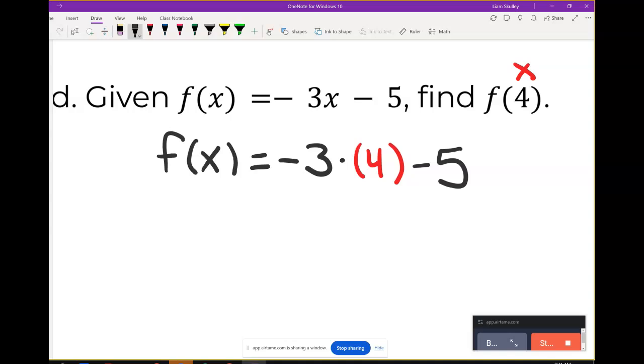So -3 times +4 is -12. We have -12 minus 5. So you have a negative. We're subtracting off of it, so we should get a smaller negative number. 12 minus 5 is 17, so we have -17.